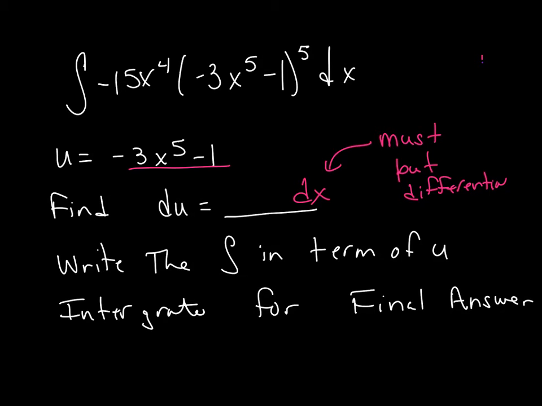To find du would be our first step. So if I'm going to find du, that is just going to equal negative 15x to the fourth dx. So I found du. You, again, must write this in terms of dx, and you're going to see why in a second.